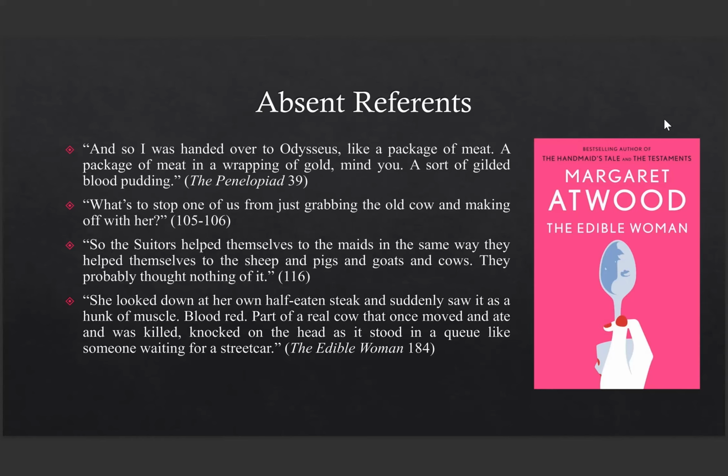Since we have the perspective of Penelope, we discover a new side of the story. And as Adams argues, we learn what it feels like to be, and I quote, a piece of meat that is treated like an inert object when one is or was in fact a living, feeling being. This repression can also be perceived in The Edible Woman, where the protagonist slowly begins to reject food, particularly food of animal origin.